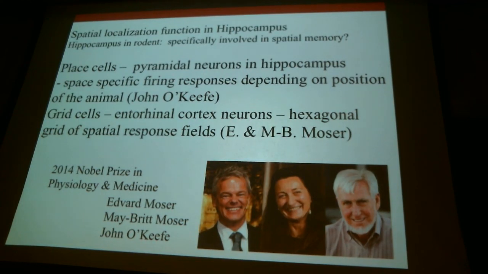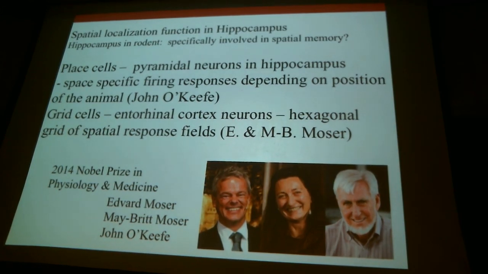And what they found, more than anything else, was this thing called place cells. Okay, so they found that the pyramidal neurons in the hippocampus responded to exactly where the animal is in the Morris water maze arena.